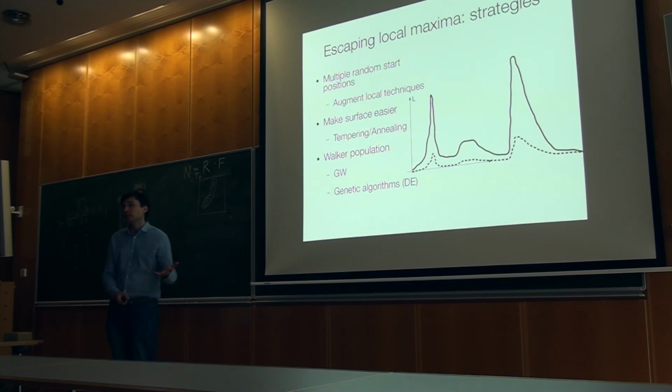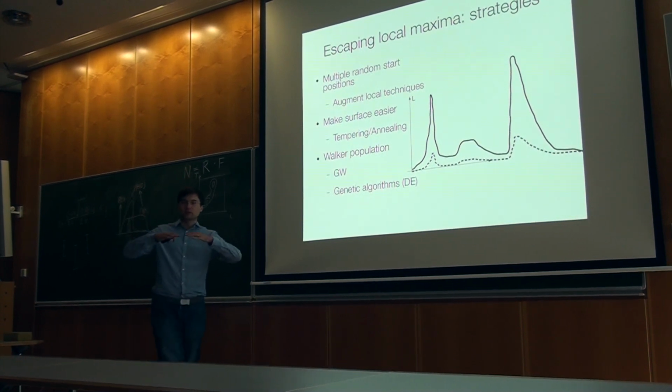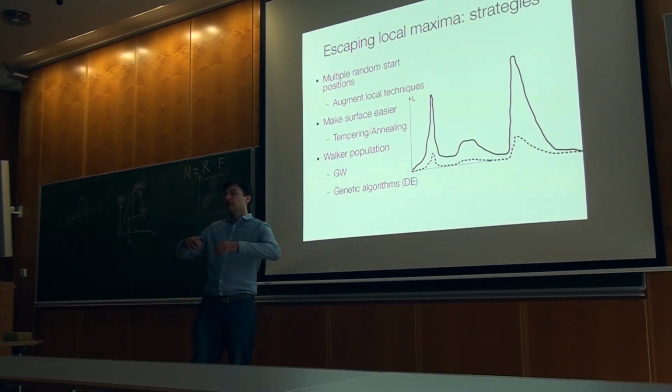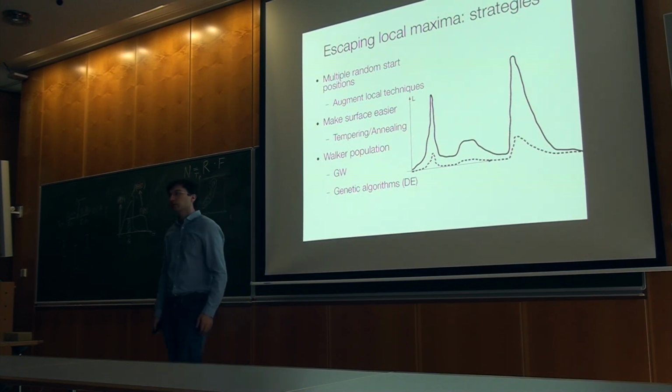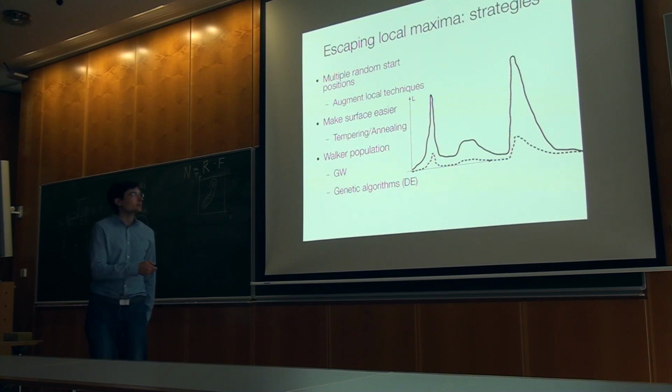Also can be combined with MCMC. You start with basically a flat surface, and you take the function and suppress it, and then you loosen up the suppression until you have your real surface. And the flat surface is easier to navigate, so you jump around, and you end up sometimes here and sometimes there.